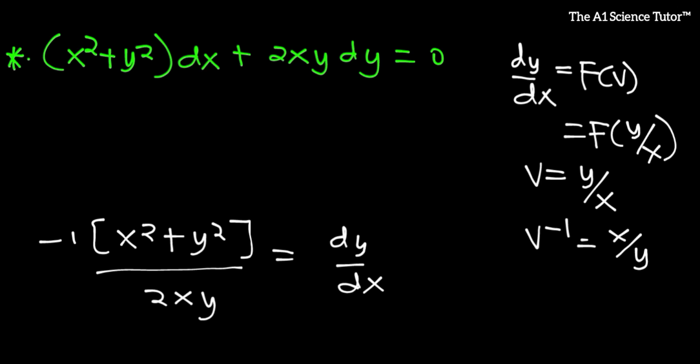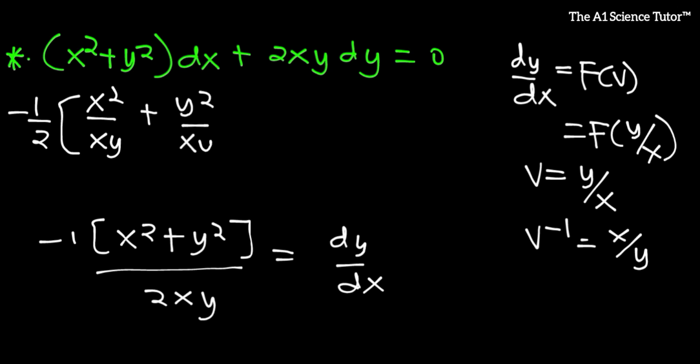So I'm going to make -1 and 2 as the coefficients, so they basically should stand up. So this is going to be 1 over 2. Now I'm going to take x squared and divide it by xy. We also have y squared divided by xy. And on this side, we're going to have dy/dx.